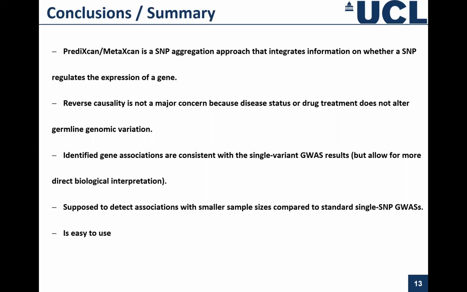Both methodologies are very easy to use. And of course, the main advantage, as I said, is the provided directionality of low or high gene expression. Okay, and this is it.